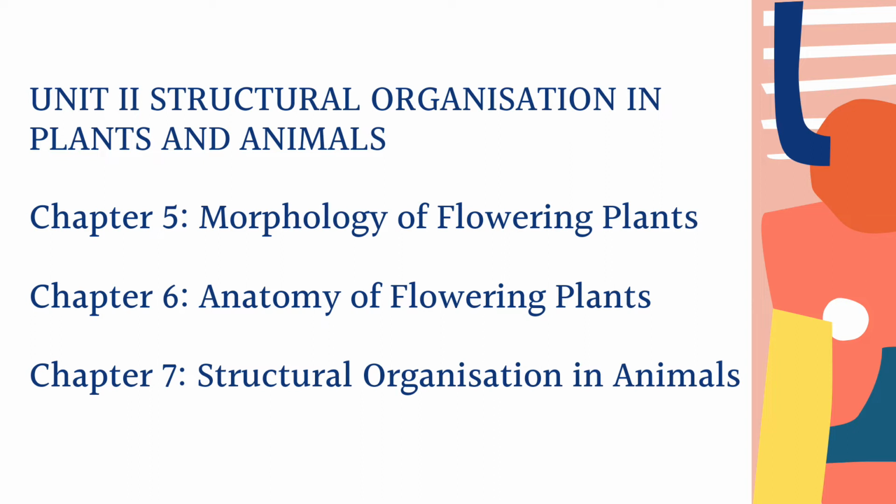Anatomy is basically the parts and their function, something like that. Morphology is the structural kind of thing. And as I said, chapter 7 is also structural organization in animals, so it's basically morphology in animals. So all these 3 lessons are also quite easy. You need to memorize certain things only.